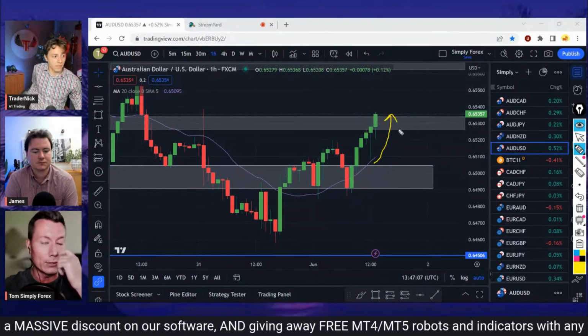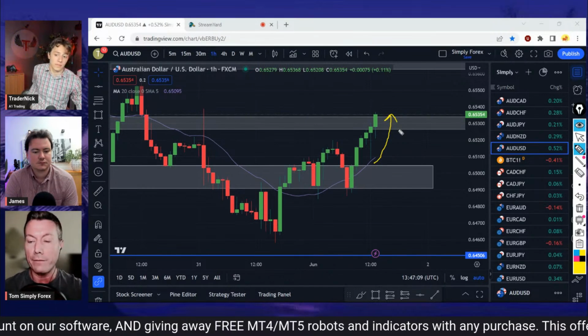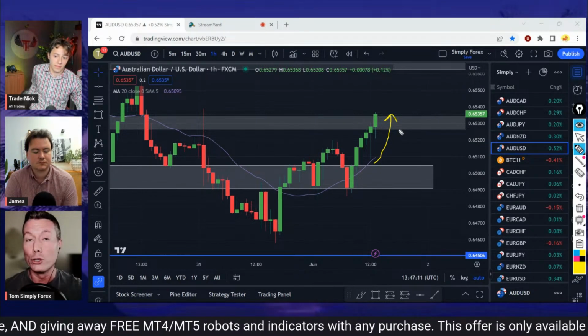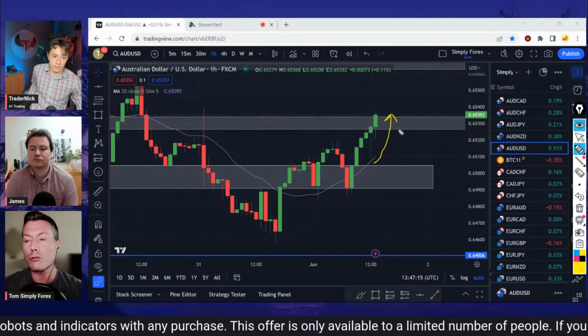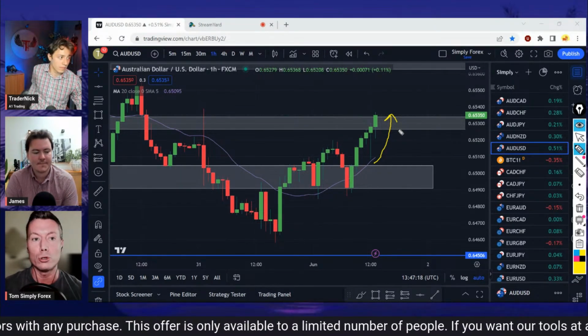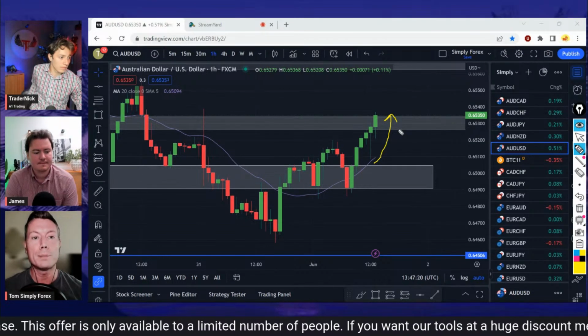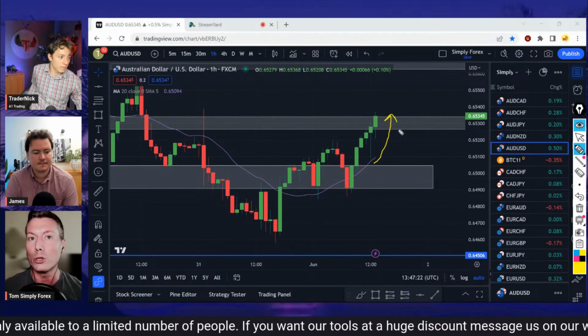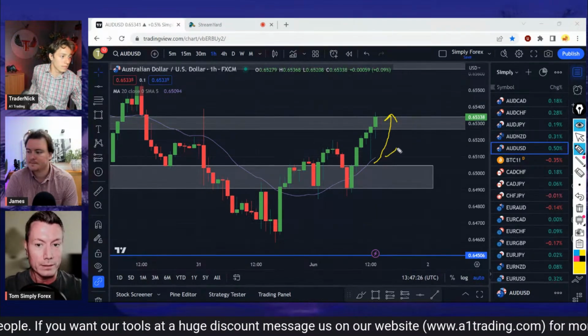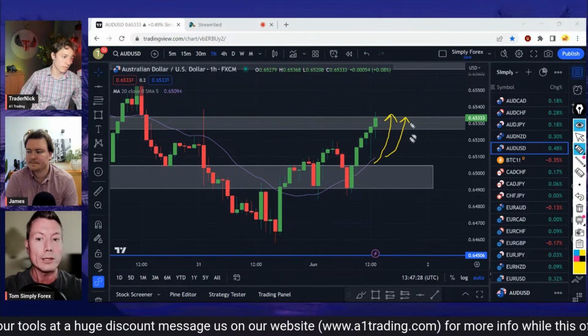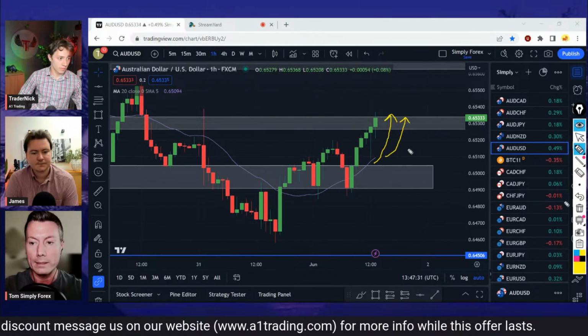That is a really big indicator for me, if pairs start ignoring the news. If you traded purely the news and saw those figures today, you would potentially short Aussie dollar US dollar. But the market has completely ignored those figures, and we're seeing quite the opposite: US dollar weakness.